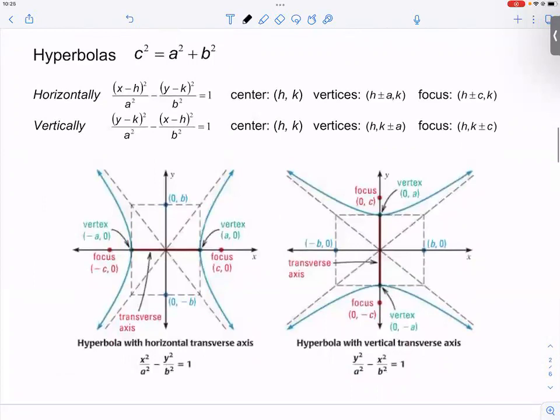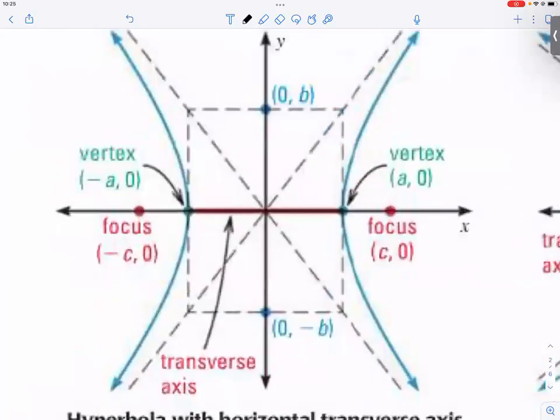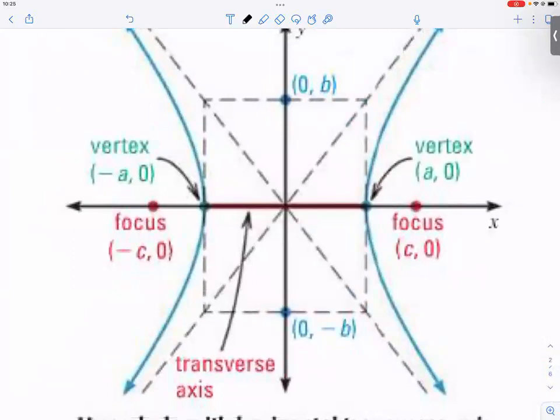Now, for hyperbolas, so we have these. And let's go ahead and do a little bit more precise labeling. Now, the A value is between the center and the vertex.